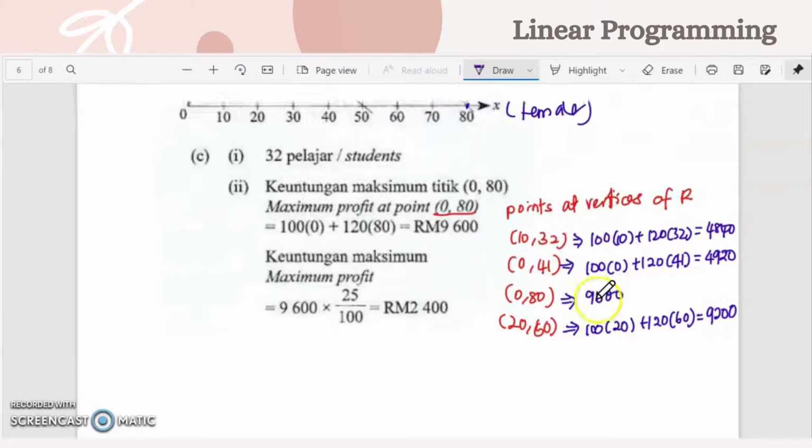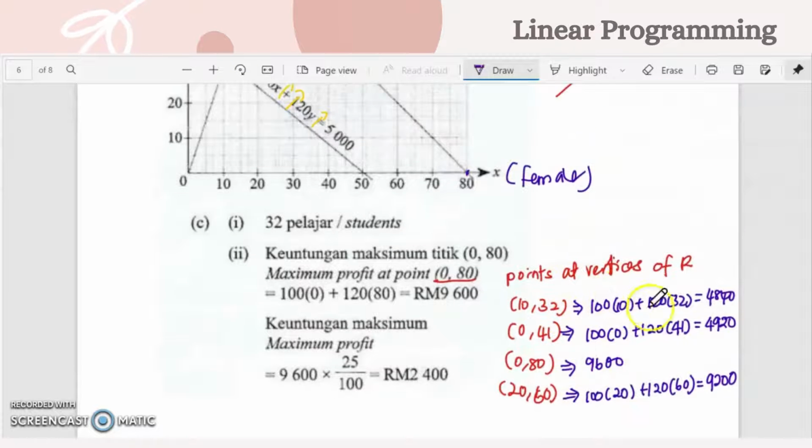Okay, so when we substitute the points at vertices, so this one kita dapat 4,140. And for the point (0, 41) maknanya kosong bilangan pelajar untuk female and 41 male students. So total fee dia lah 4,920.